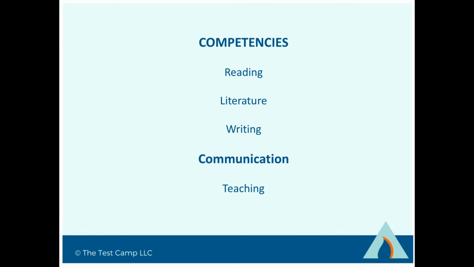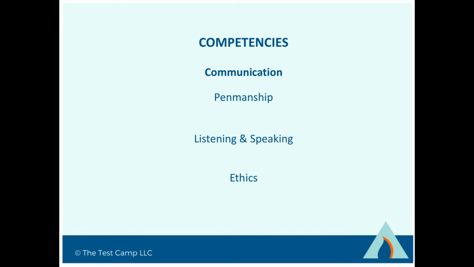This one's communication. Three main skills define this competency: penmanship, listening and speaking, and ethics. These are all the basis for what could be test questions under the competency communication.